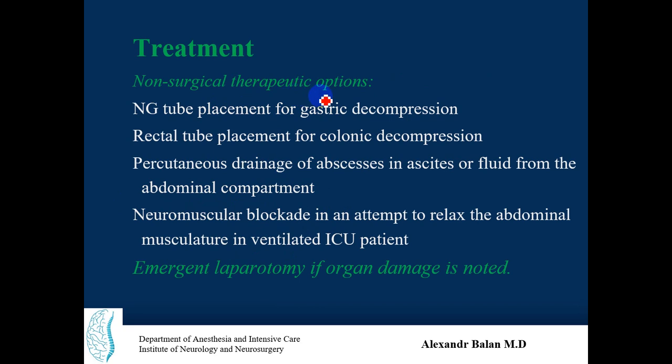Treatment: non-surgical therapeutic options. You are inserting or placing a nasogastric tube for gastric decompression, rectal tube placement for colonic decompression, percutaneous drainage of abscesses or ascites or fluid from the abdominal compartment, if the patient has ascites, and neuromuscular blockade in an attempt to relax the abdominal muscles or abdominal musculature in a ventilated intensive care unit patient.